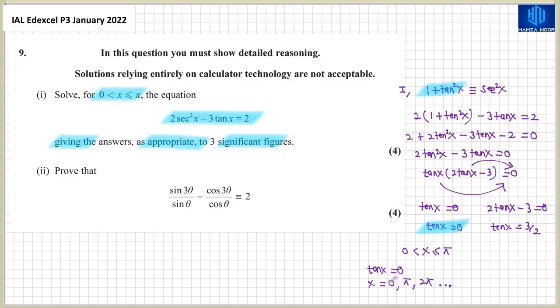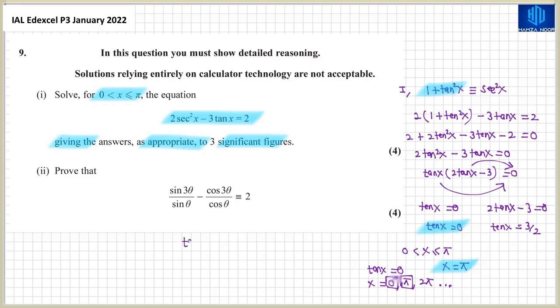In this specific interval, 0 is excluded and we can go up to a maximum of π, where π is included. So 2π and 0 are both rejected. Therefore x equals π. This is one of the solutions of the equation.